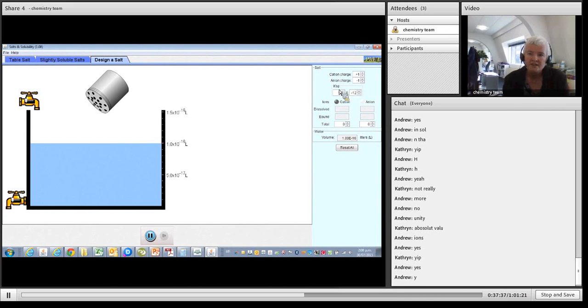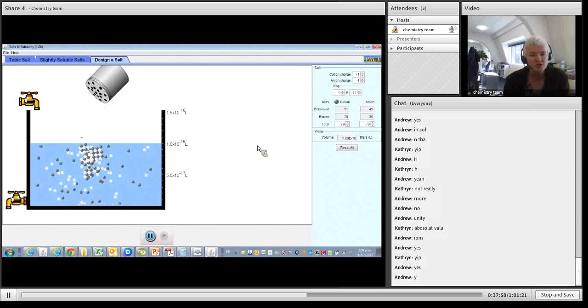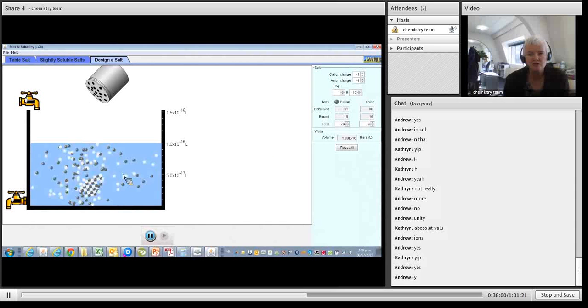Now, this is a ratio of 1:1, cation to anion. So if I have a KSP of 1, we'll just keep it to that, and I dissolve. What I really want you to look at is the amount of substance that will dissolve compared to the value.